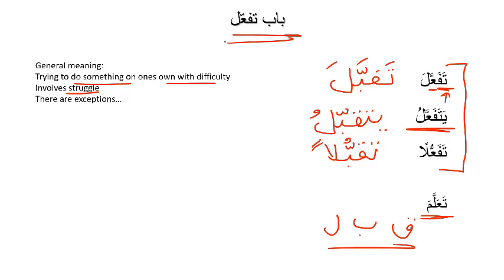When you know these babs, that gives you a sense, but you still need to learn the meanings of the specific verbs. So bab tafa'ul is tafa'ala, yatafa'alu, tafa'ulan. Classic example: taqabbala, yataqabbalu, taqabbulan.